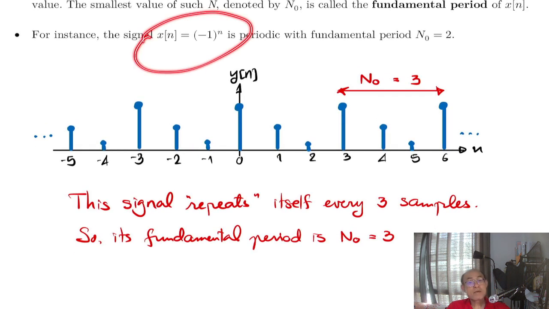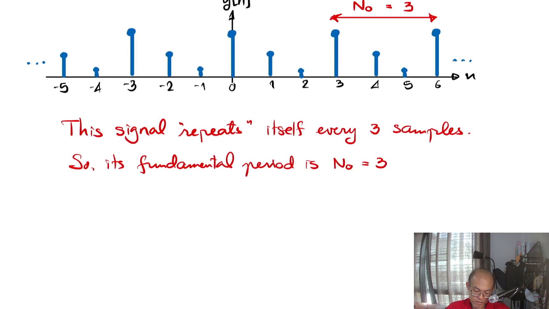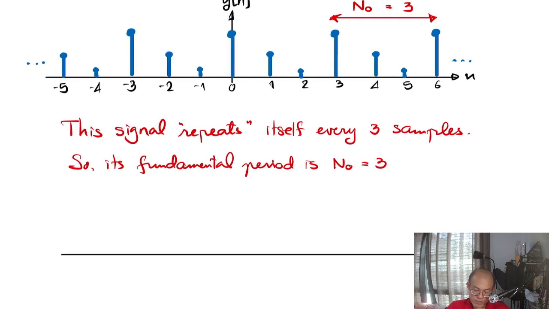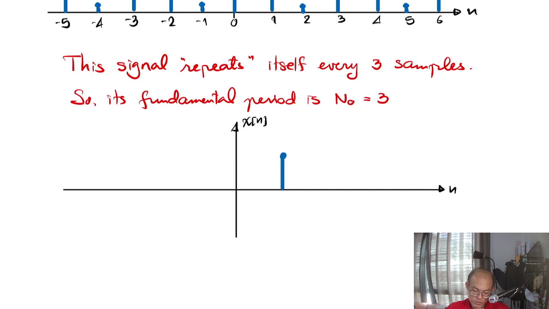Or x of n could be minus 1 to the n. Now, this one is periodic with period equal to 2. So if I plot the signal x of n, minus 1 to the n, the graph will oscillate between 1 and minus 1.